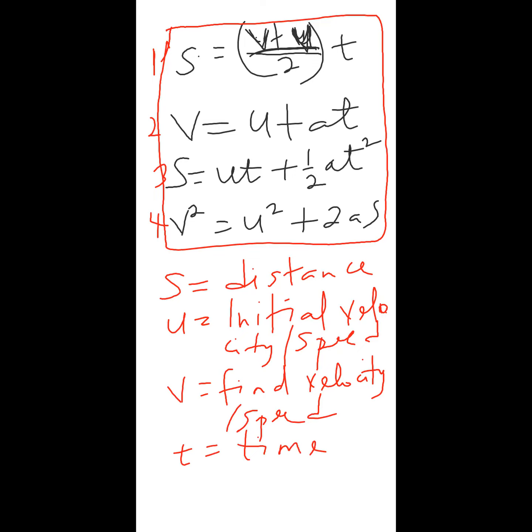What else again? A is there as acceleration. Okay, I think we have defined everything we need to define there. Yeah, there's nothing else. So we have all of this.